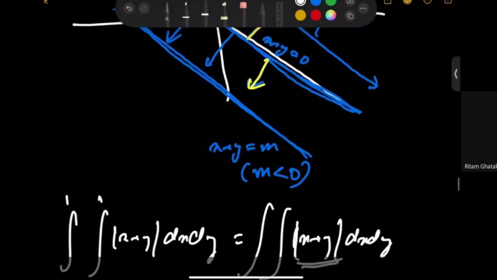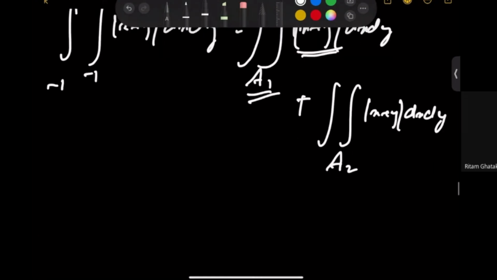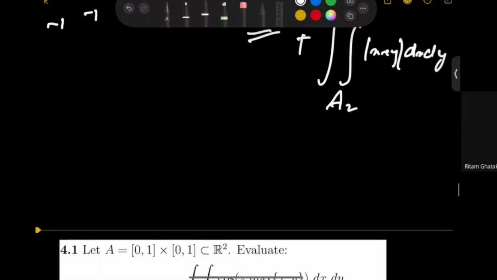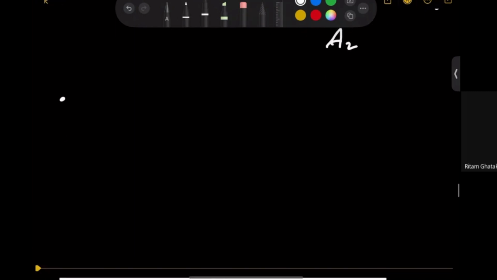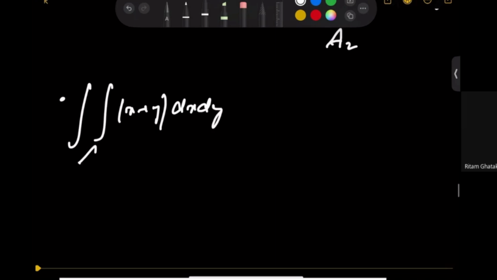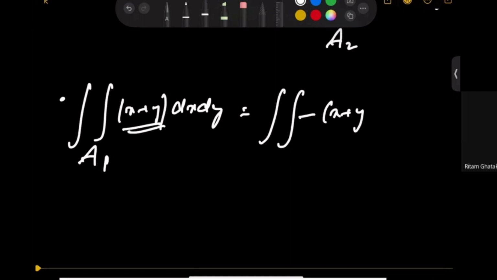So I'll just replace x plus y by negative of x plus y. Okay, let's compute them separately. So double integral of mod x plus y dx dy over A1. This is negative in A1, so I'll just replace it by negative of x plus y. See, we have taken care of the mod now in A1.